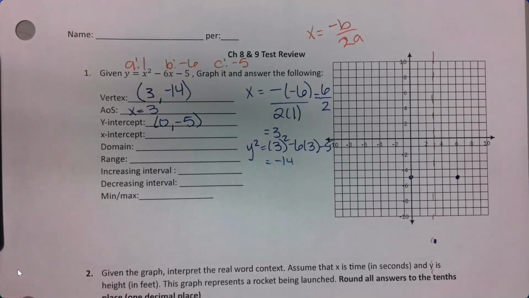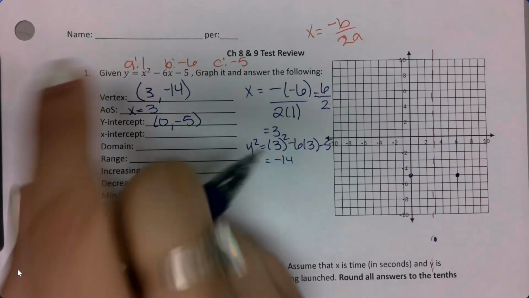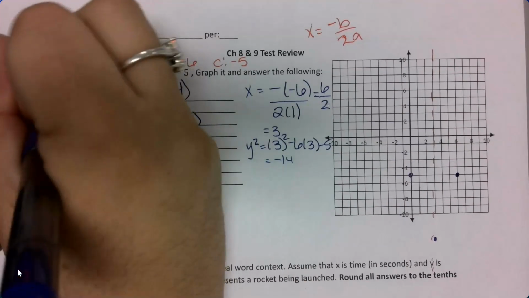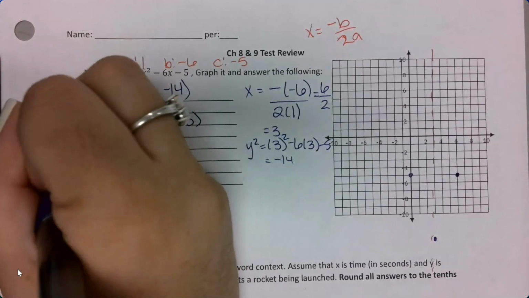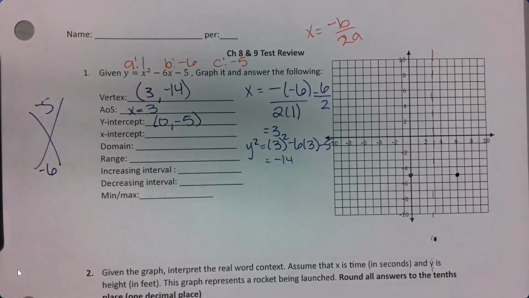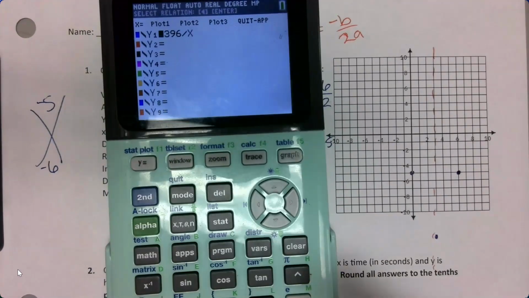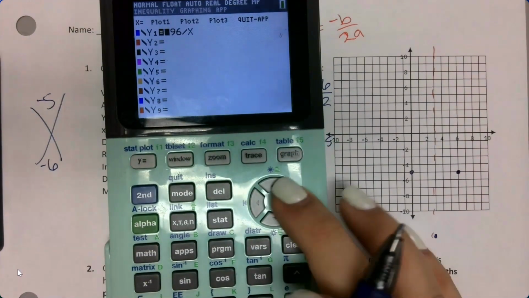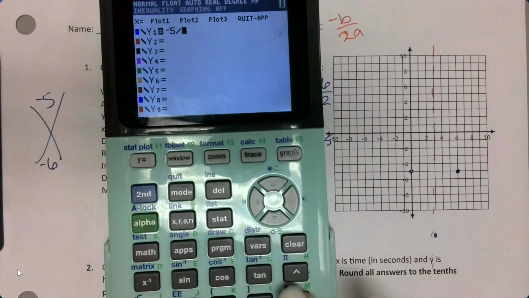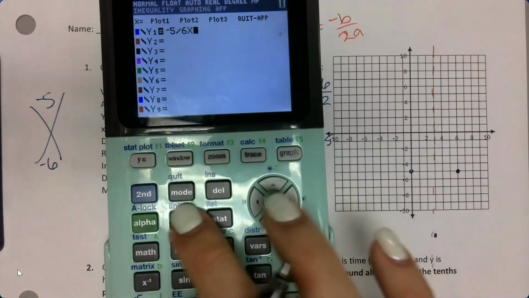My x-intercepts are going to come if I factor this. So I want to look for what multiplies to negative 5 and adds to negative 6. I don't know those ones, so I can go to my calculator and I can go negative 5 divide by x.